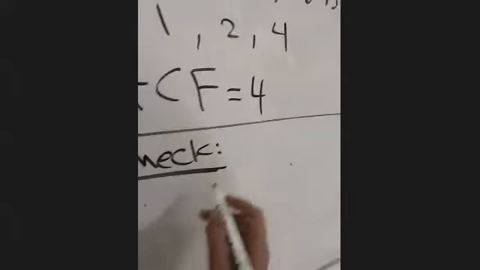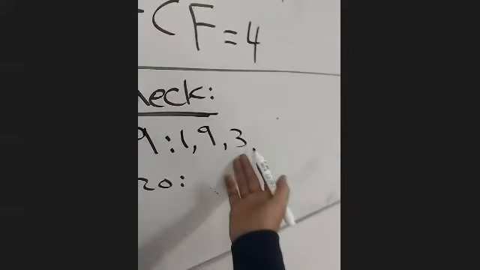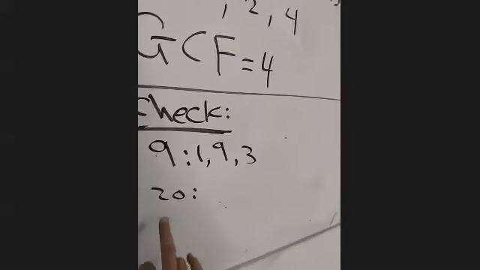Good. 9 and 20. What are the factors of the 9? 1. 9. 3. Now we have a 3 and a 3, but we write the 3 one time. Good. How about the 20?